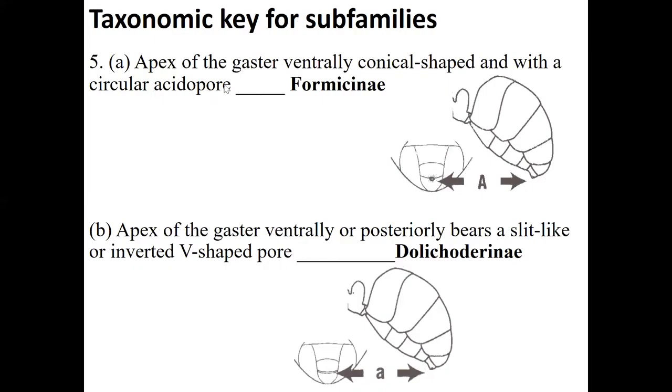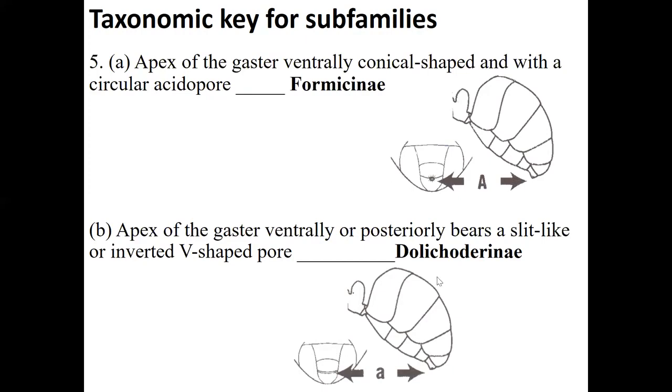If this structure is not there, and the apex of the gaster ventrally or posteriorly bears a slit-like or inverted V-shaped pore, right here, when seen laterally, ventrally, you see a slit-like opening, a slit-like pore.